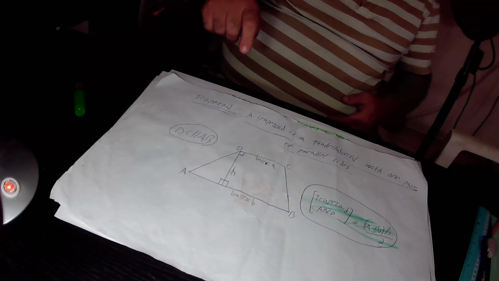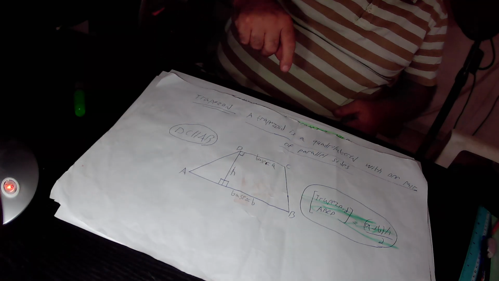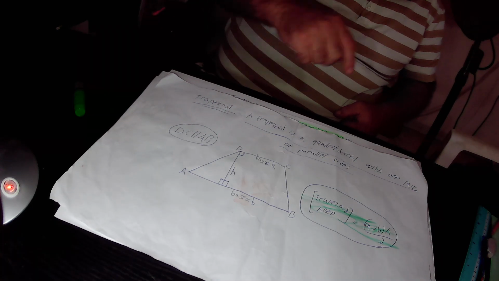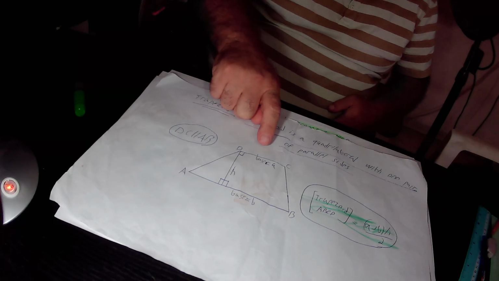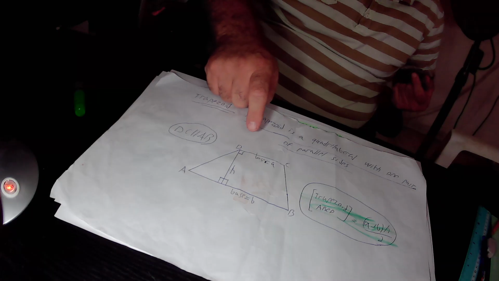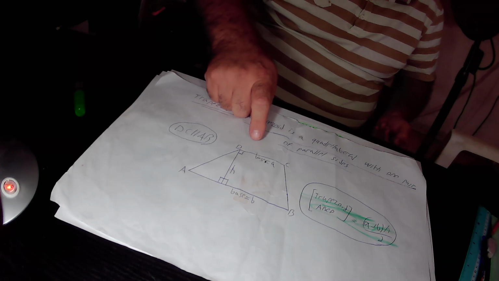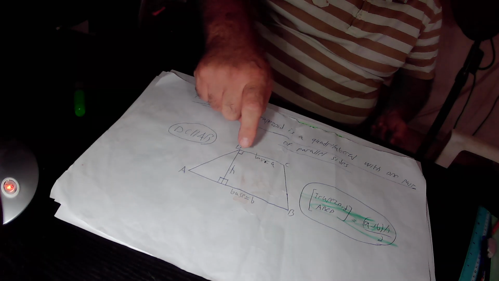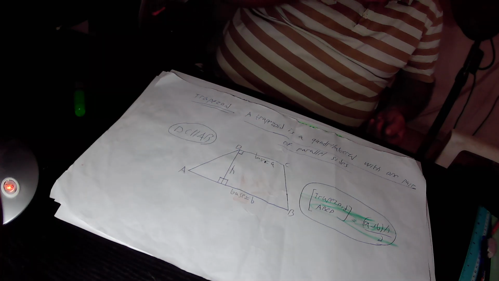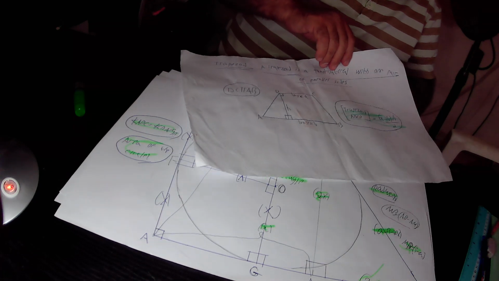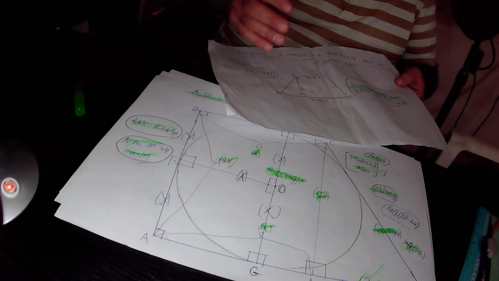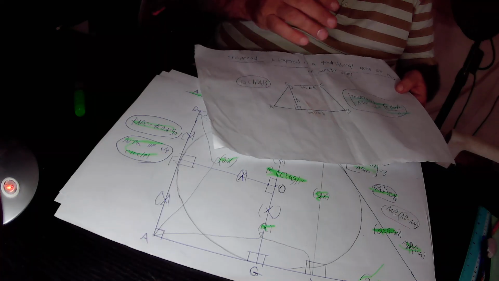The two parallel sides DC and AB are defined as the bases of the trapezoid ABCD. If we define the length of DC as A and the length of the base AB as B, then the area of this trapezoid ABCD must be equal to the sum of its two parallel bases, that is to say A plus B, times the height H over 2. The height H must create a right angle with the two parallel bases. So a trapezoid is a quadrilateral with one pair of parallel sides, and the area of a trapezoid equals the sum of its two parallel bases times the height over 2.